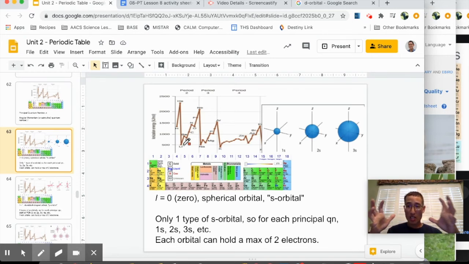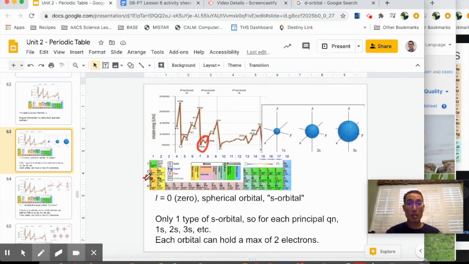And then if I go even further out, sodium and magnesium right here, this is 3s. Every time I go down a principal quantum number, I get further away, and 2 electrons can be held in this spherically shaped orbital.